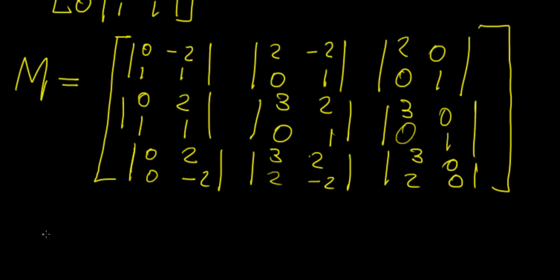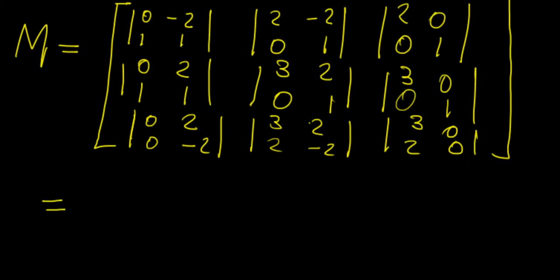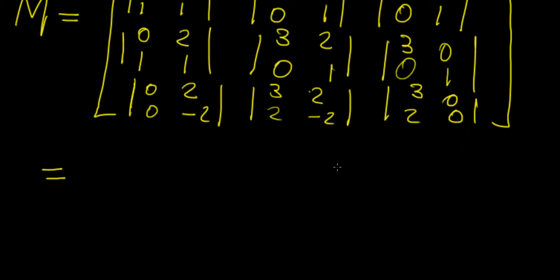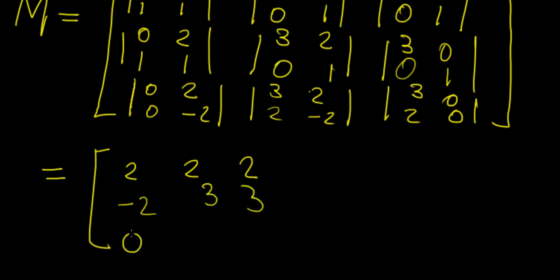So we're going to have the following result. So our minor matrix is going to be the following. We're going to have 2, 2, 2, minus 2, 3, 3, and then 0, minus 10, 0.